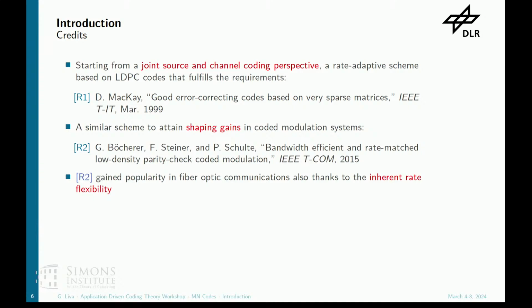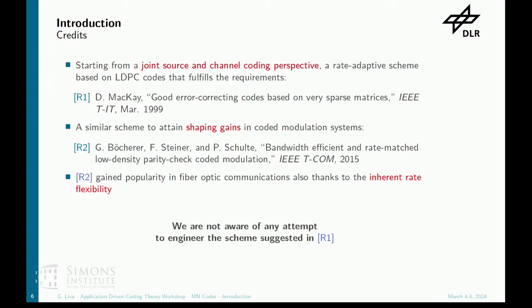The reason to use it was not only the shaping gain, but I think a big merit in making this technique adopted in optical fiber was the possibility to achieve rate flexibility in an easy way by playing with the original construction of Mackay.